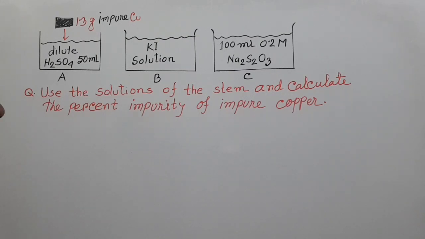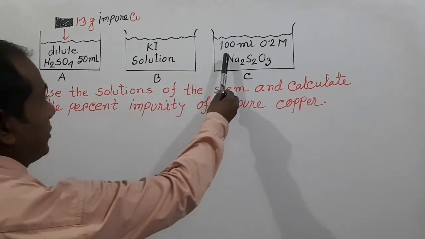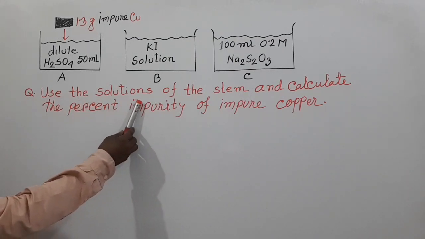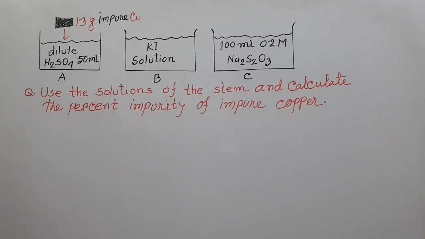In container C, 100 ml 0.2 molar sodium thiosulfate solution is present. Now our question is, use the solutions of the STAM and calculate the percent impurity of impure copper.